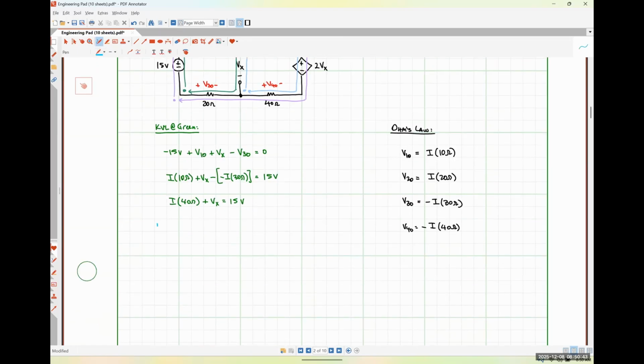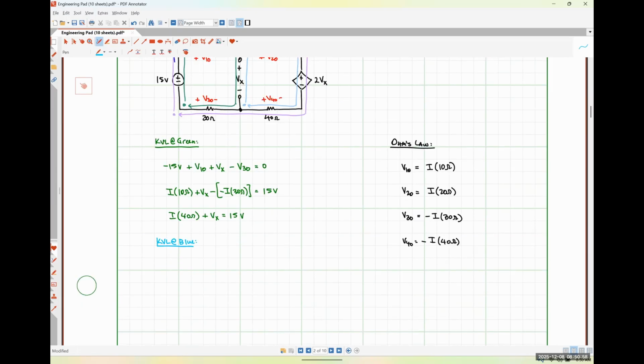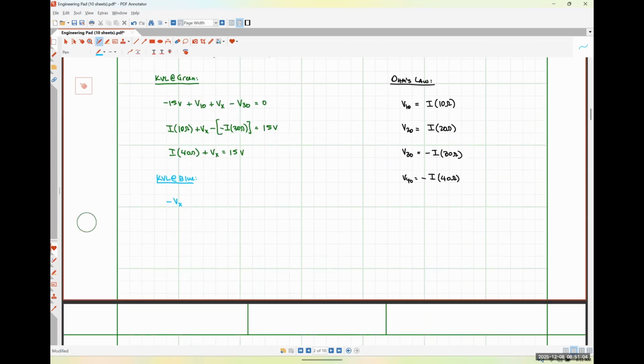So if we write KVL around our blue path, starting at the bottom left-hand corner, the first thing I'm going to see is the negative polarity terminal of that voltage Vx. So I'm going to have minus Vx. Then I see the positive polarity terminal of that voltage V20.